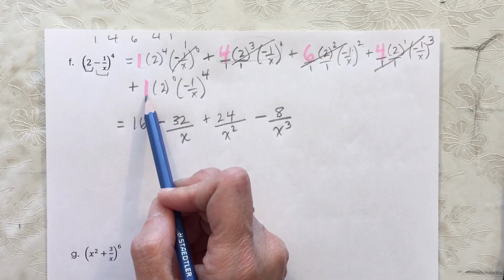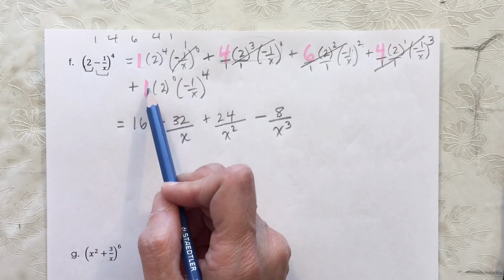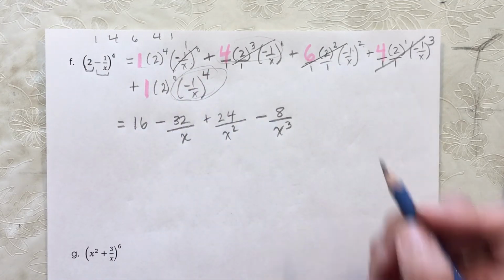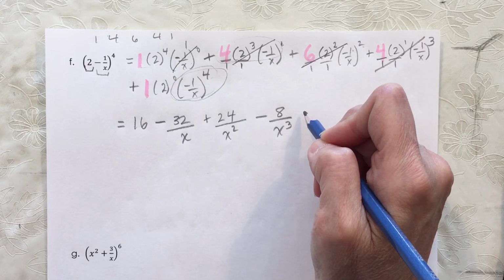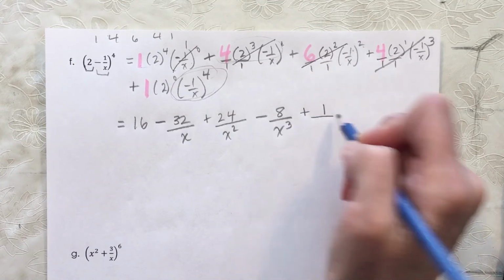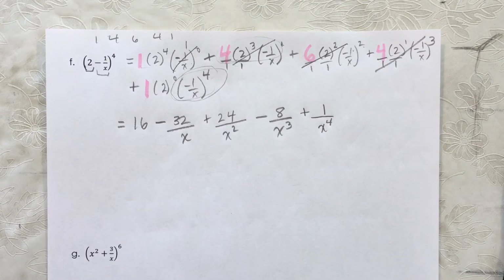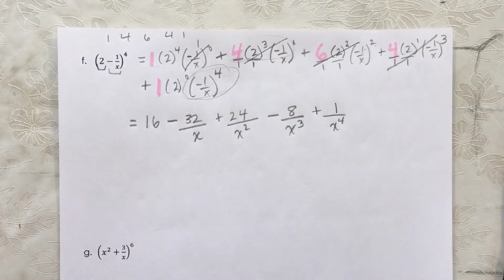And then 2 to the 0 is 1, so I've got 1 times 1. So really all I've got to evaluate is the negative 1 over x to the 4th. So negative 1 to the 4th is positive 1 over x to the 4th. And that is the expansion of 2 minus 1 over x to the 4th.